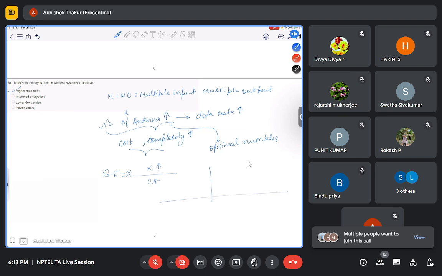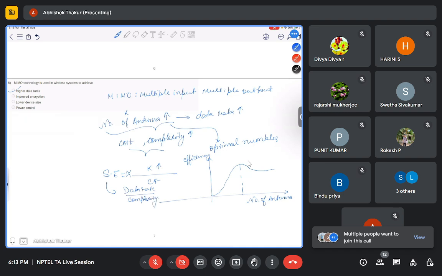The curve for spectral efficiency will be like this: on the x-axis there will be the number of antennas, on the y-axis the efficiency curve. The efficiency curve depends on data rate divided by complexity.